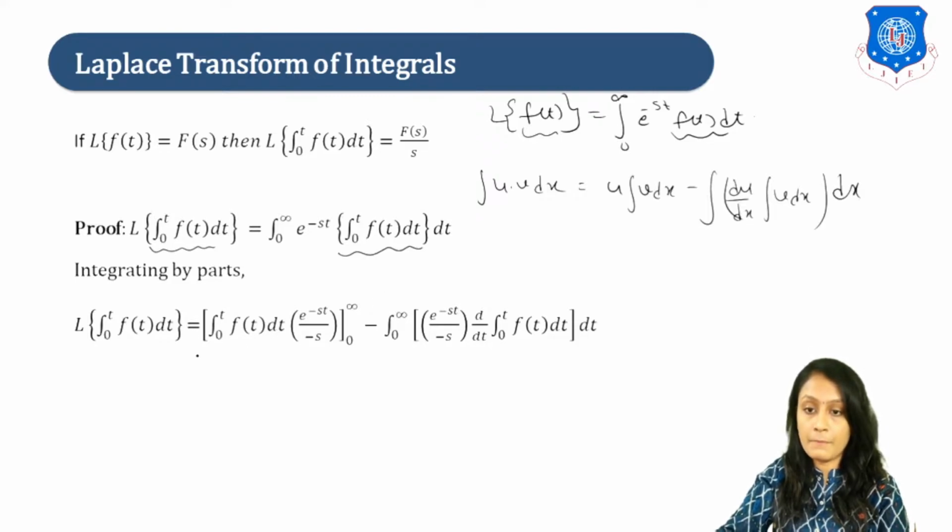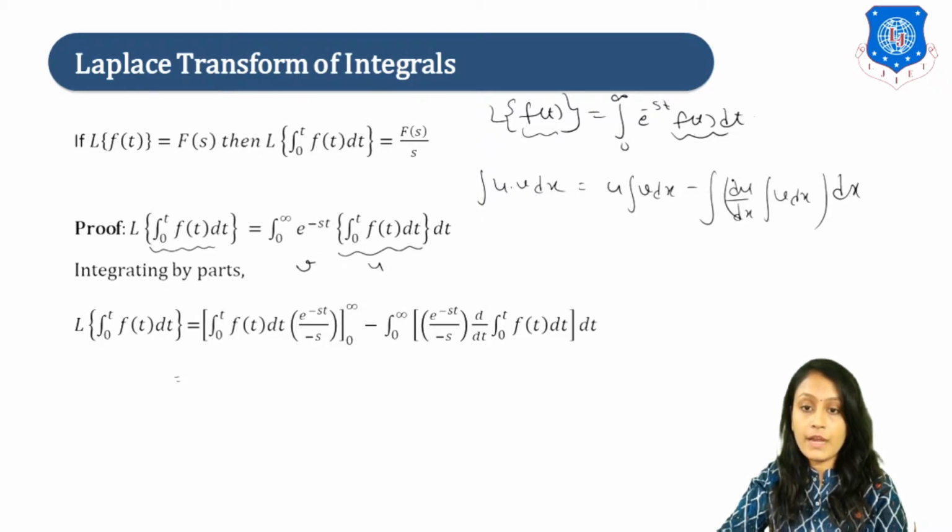Now this is u and this is v, so u stays as it is. Now the integral of v, e raised to minus st upon minus s, we are integrating with respect to t, limits are 0 to infinity, minus the integral from 0 to infinity.